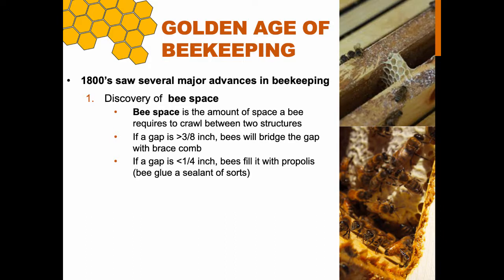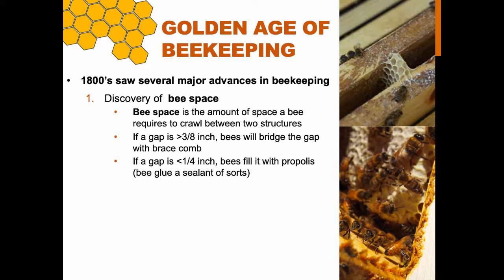And that's what you see right here. We have 2 hanging frames in a hive. They've been spaced a little too far apart for the bees. So what the bees have done is they've made a comb in between those 2 frames. That's a bridge. On the flip side, if a gap is really small, less than 1/4 of an inch, bees can't fit in it. And what they'll do is they'll fill it with something called propolis.